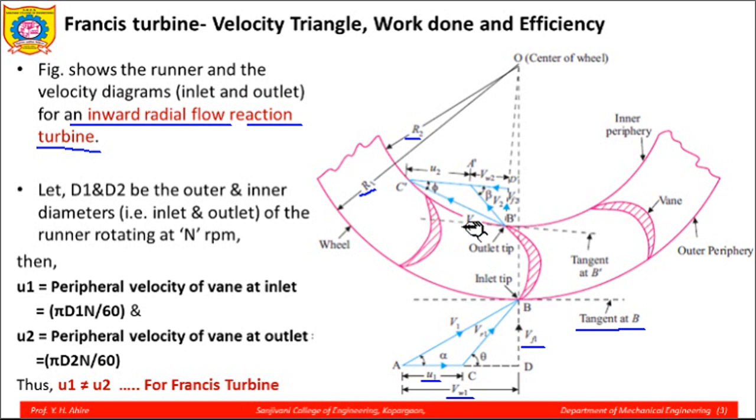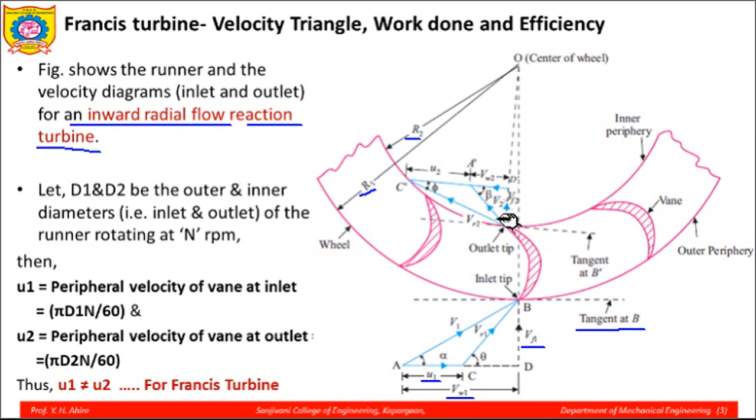Similarly, after drawing Vr2, you have to draw U2. Okay, U2 is the peripheral velocity of the vane at the outlet, and this is tangent. This is parallel to this tangent, right? Because the peripheral velocity will be tangent to the wheel periphery at the outlet, that is the inner periphery, that is U2. Then join this point B dash with point A dash.